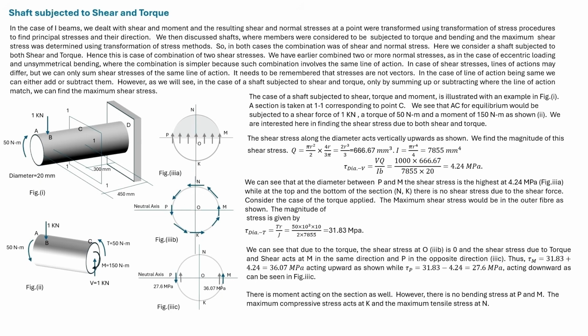In the case of a shaft subjected to bending and torque, we again found the normal stress and the shear stress and used equations of transformation of stress to find the absolute maximum shear stress.